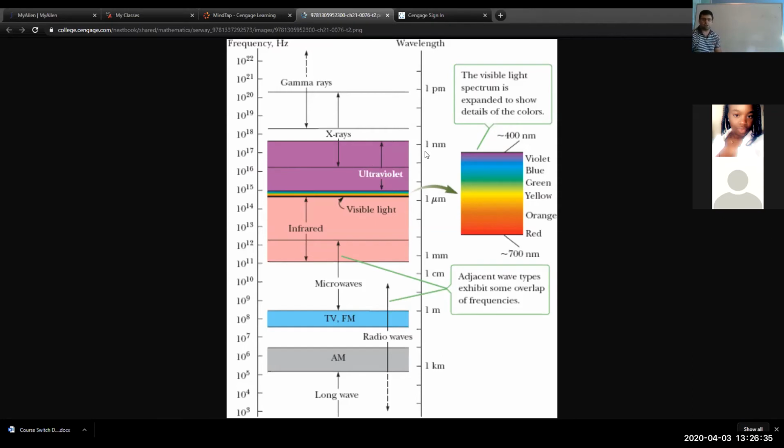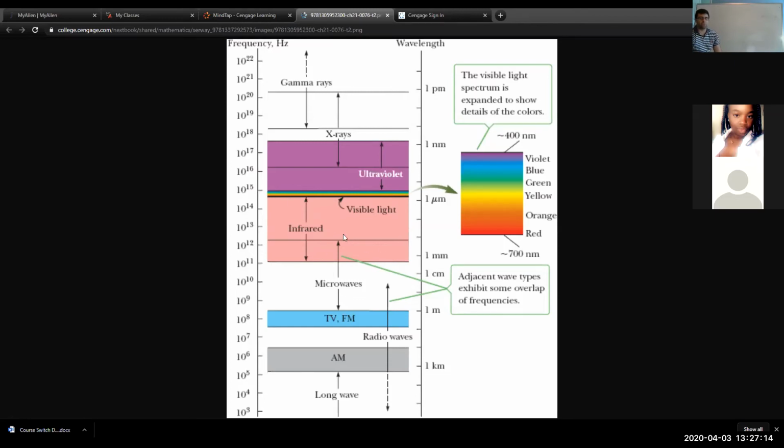But if you look at it, ultraviolet has a 1 nanometer-ish wavelength, whereas visible light is 400 to 700 nanometers. So visible light is much larger in wavelength than ultraviolet. But these names are actually determined by frequency. So ultraviolet has a larger frequency, 10 to the 15 to 10 to the 17, than visible light.